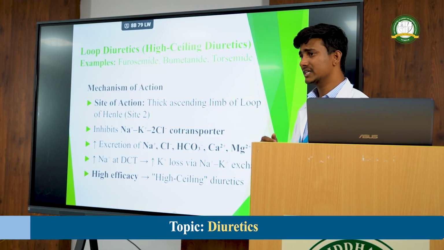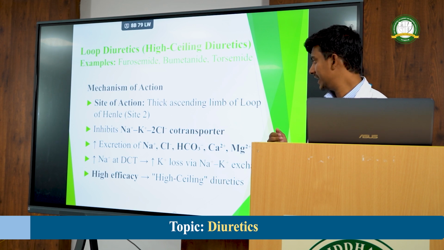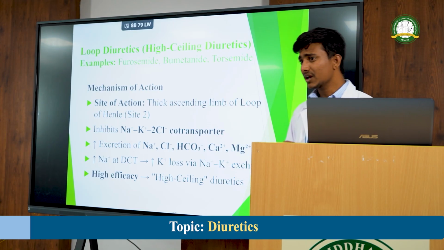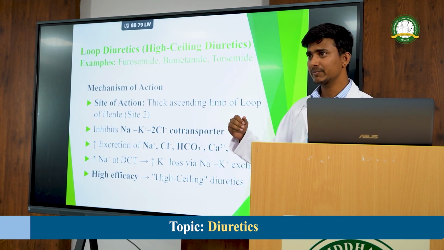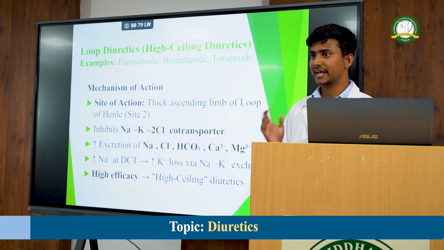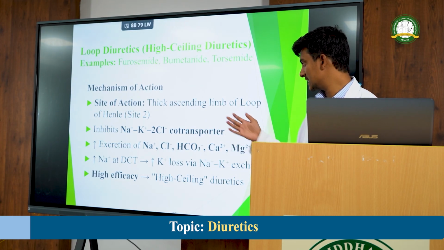With the inhibition of this co-transporter, there will be more excretion of sodium, chloride, bicarbonates, calcium and magnesium. Due to the presence of more sodium in the fluid at the distal convoluted tubule, it also results in, again, an exchange of sodium and potassium, and a greater amount of potassium is lost.